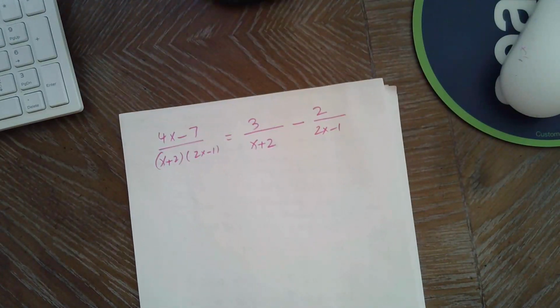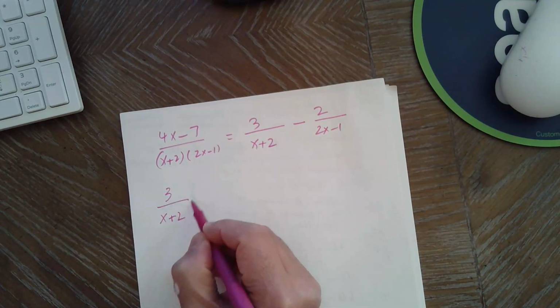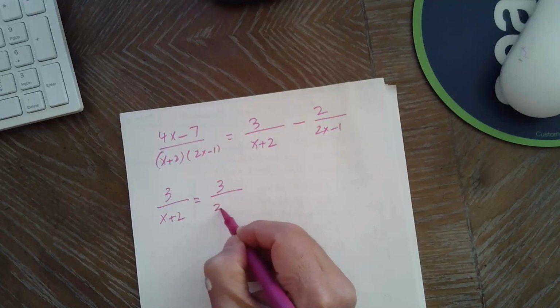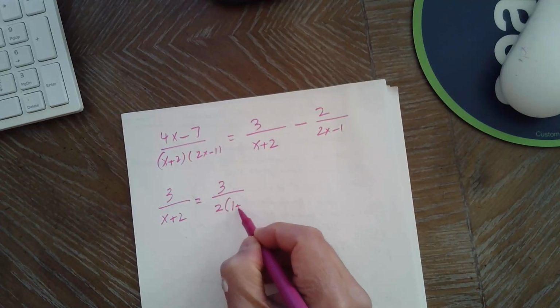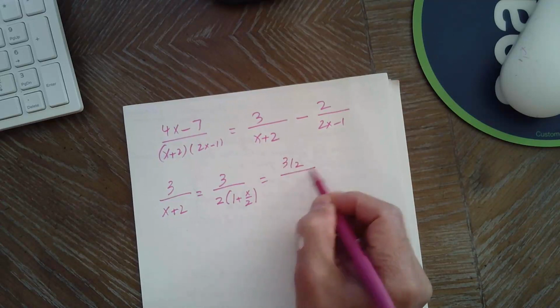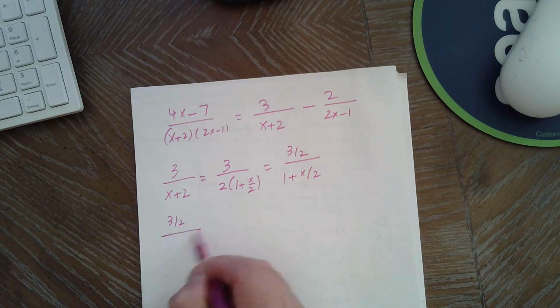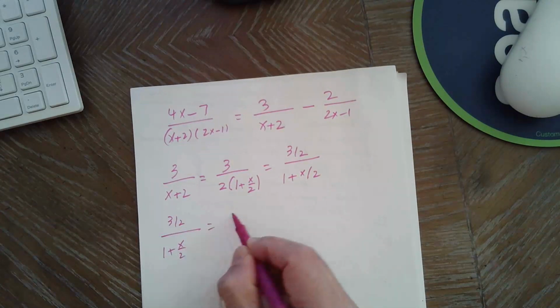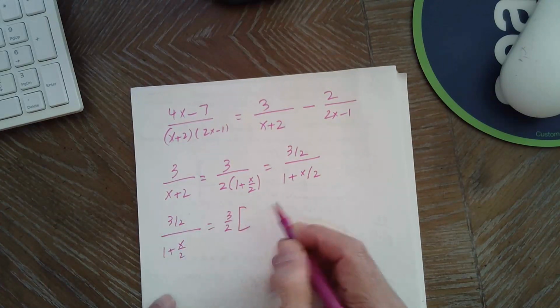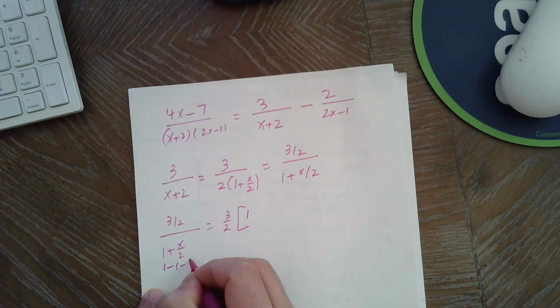So if you look at 3 over x plus 2, you can write this as 3 over 2 times 1 plus x over 2, which is 3 over 2 times 1 over 1 minus negative x over 2.